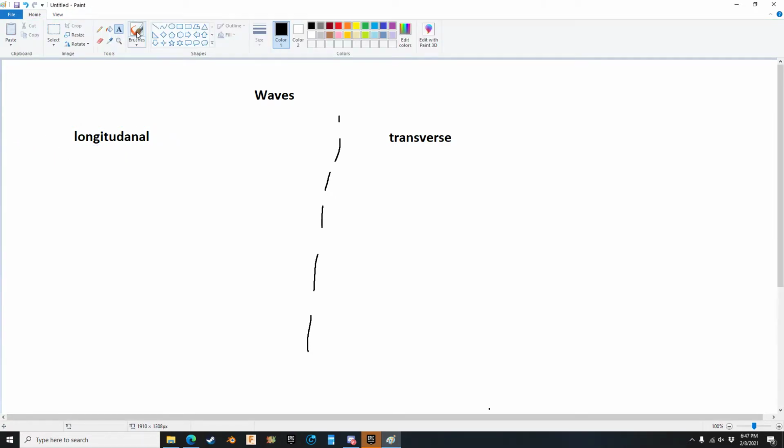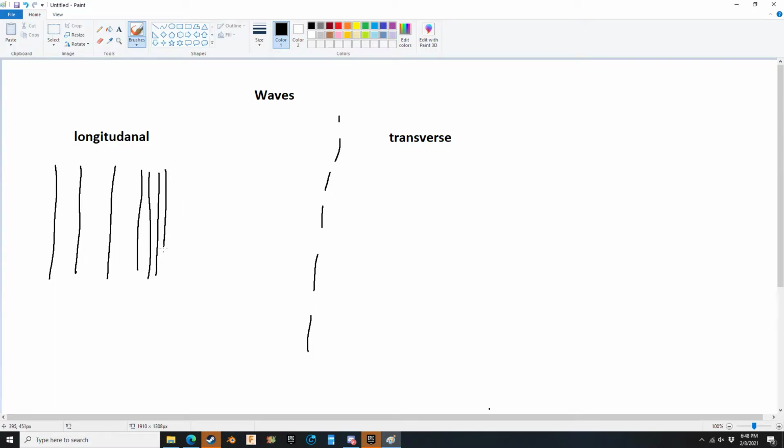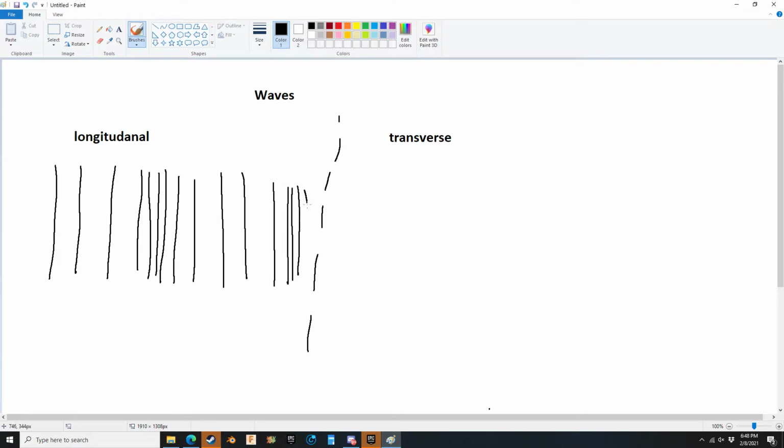So with longitudinal, it's measured in the gaps. Let me redo that. That's horrible. So you'll have less dense lines and then more dense and then back to being less dense and then back to being more dense, right?